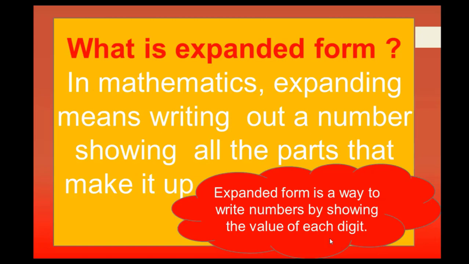First of all we will discuss what is expanded form. In mathematics, expanding means writing out a number showing all the parts that make it up. In other words, we can say expanded form is a way to write the number by showing the value of each digit.